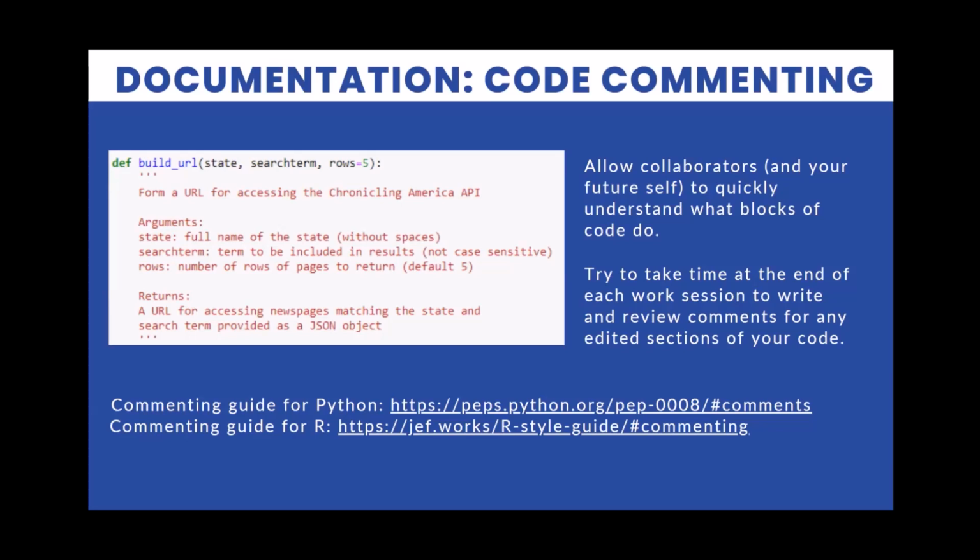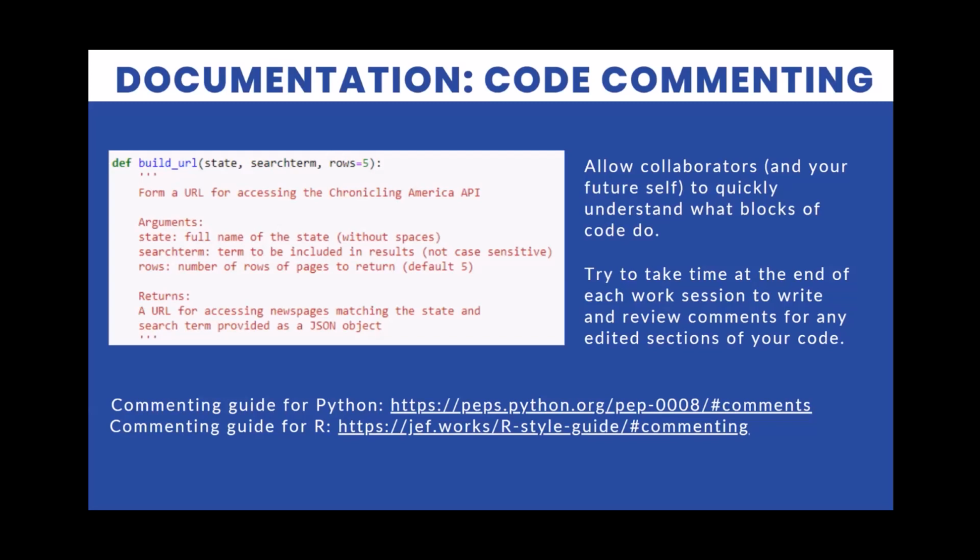But projects really do become a lot more complex as they go, and things that seem very rational or self-explanatory when you're in the thick of writing your code won't necessarily be when you come back to that a week later. So I've included guides to commenting syntax in both Python and R if you're new to those. But those practices can look different depending on what language you're using or what software you're using for coding as well.